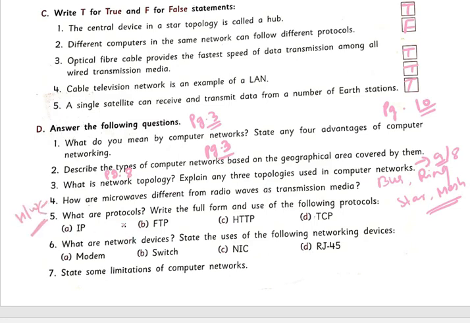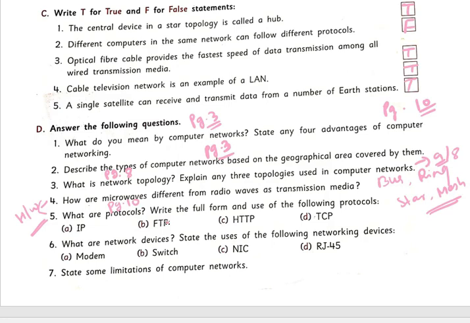And what are protocols? Protocols have also already been discussed. The definition of protocols you will get in page number 10. Protocols are a set of rules that govern the communication among the computers in a network.